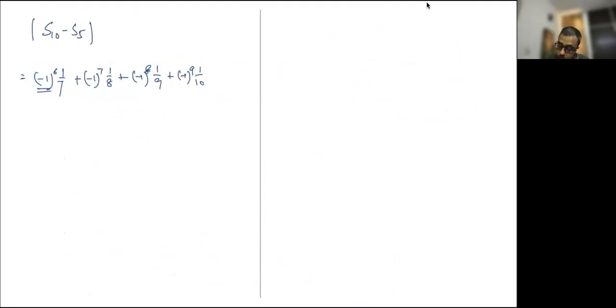And there will be another term. Again, you take out minus 1 to the power 6 outside.